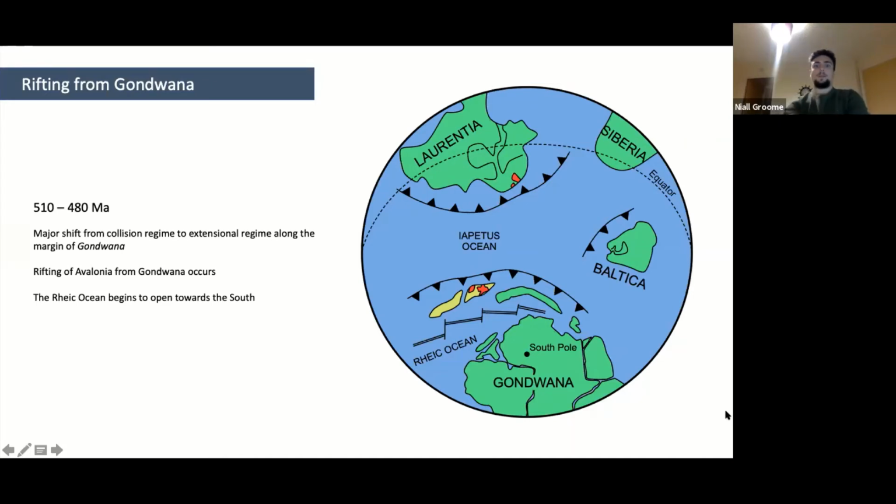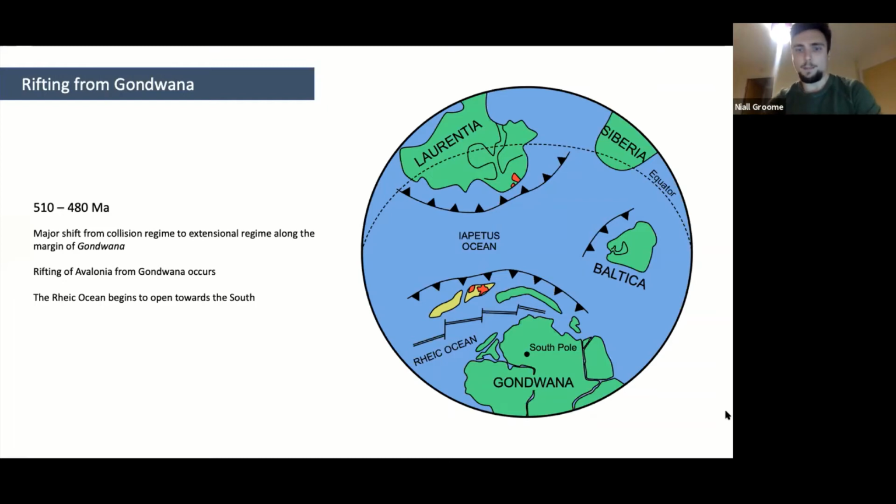But we need to have a mechanism for this rifting to begin. And so the most likely mechanism is if we subduct a mid-ocean ridge. So by subducting the mid-ocean ridge, you're bringing in a component which is actively causing rifting.